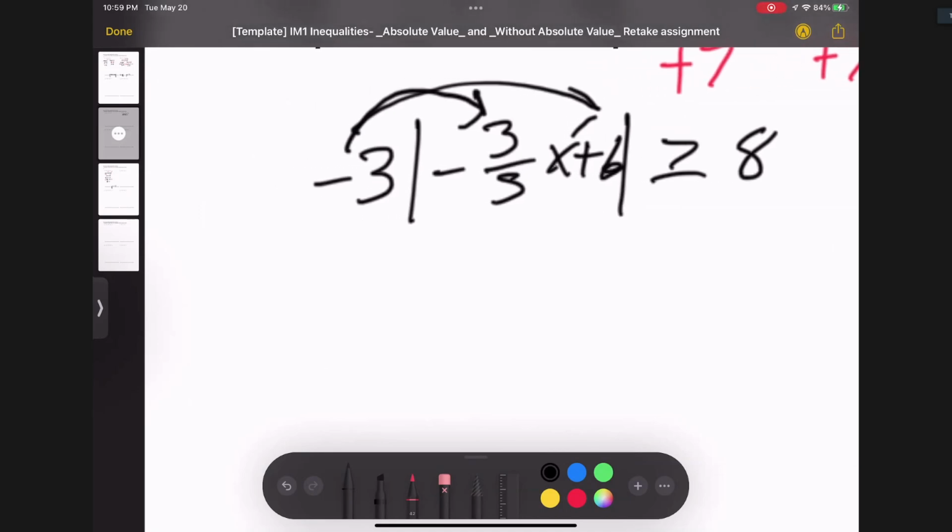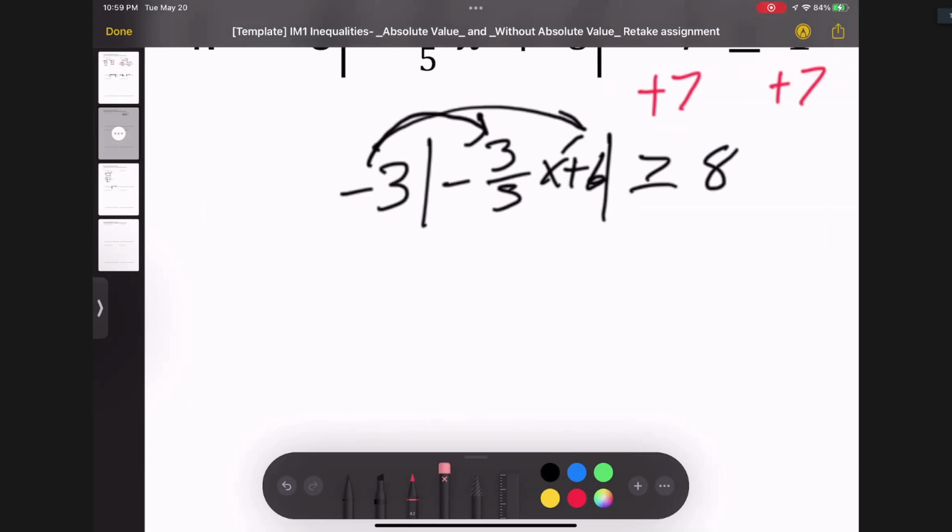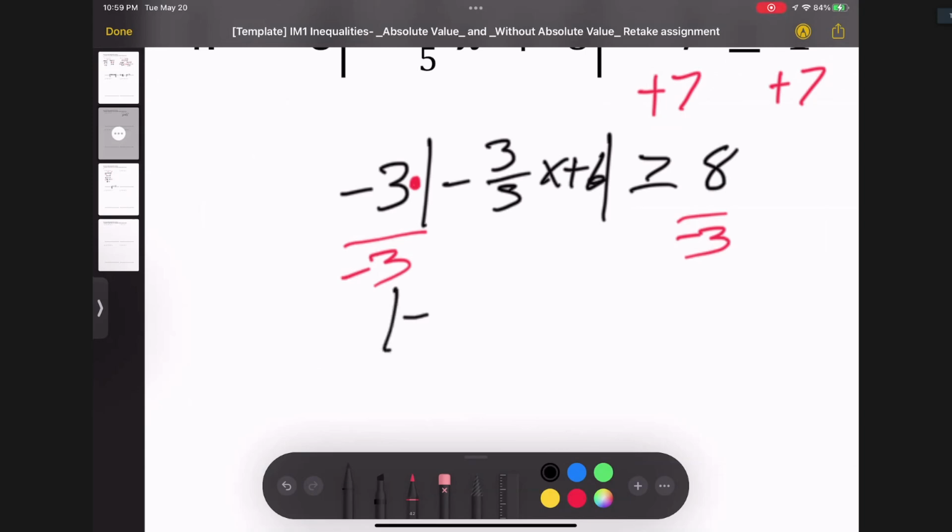When you do this, it'll be incorrect. Please do not distribute that -3. Get rid of it. You can only do the operation of division, which is dividing by -3, more specifically. I'm going to have the absolute value of 3/5 x plus 6.